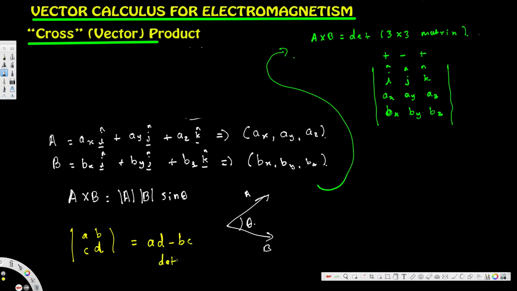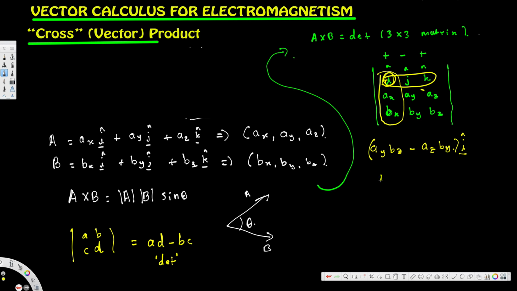For a 3 by 3 matrix, we take i and eliminate its horizontal and vertical parts, and we are left with these four entries. From these we find ad minus bc, which is ay bz minus az by. That's going to be our i component.